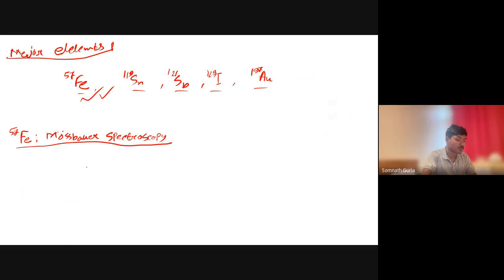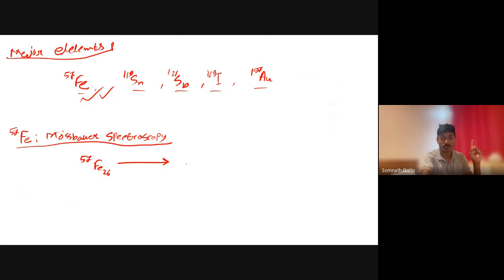So our isotope is 57Fe26. But the major issue is the natural abundance.